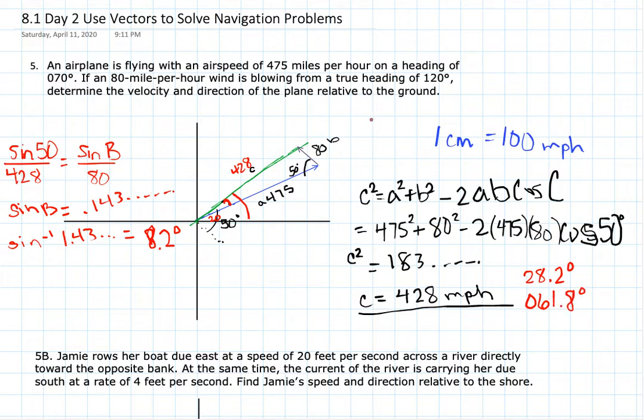I know that's a lot of trig involved in this. I don't think they're all going to be quite that bad, but at least it's more solvable than when you had to just estimate the direction and magnitude.